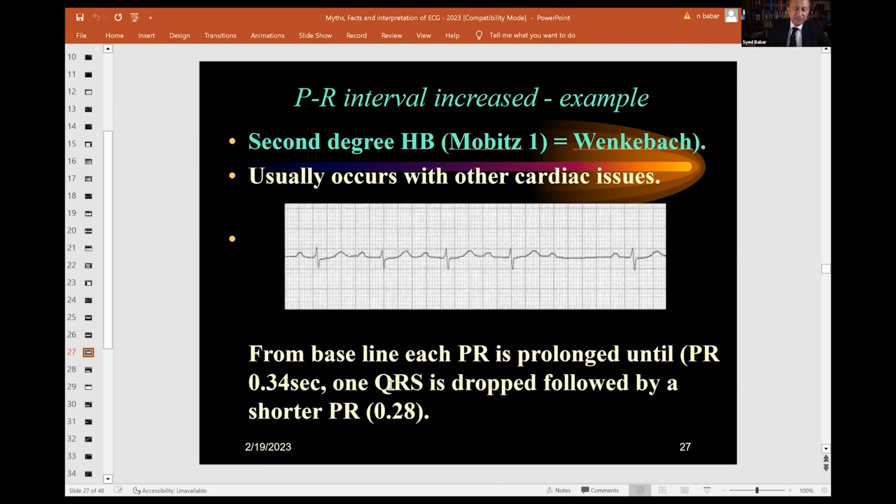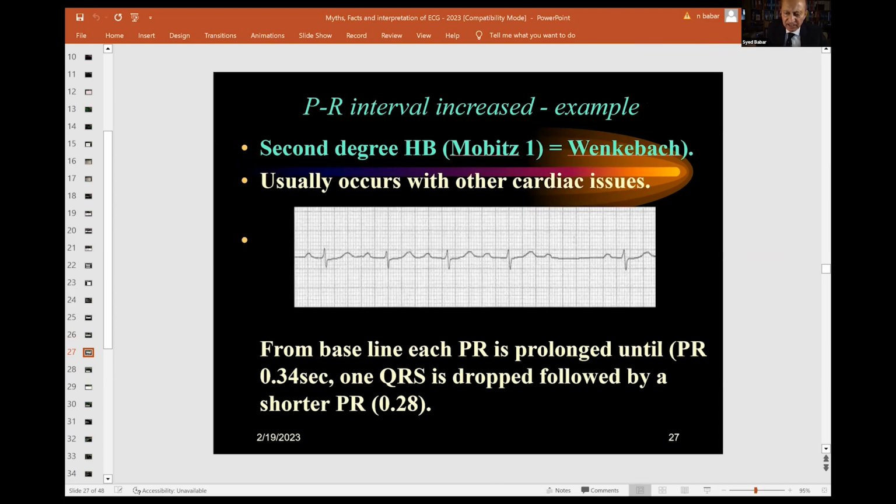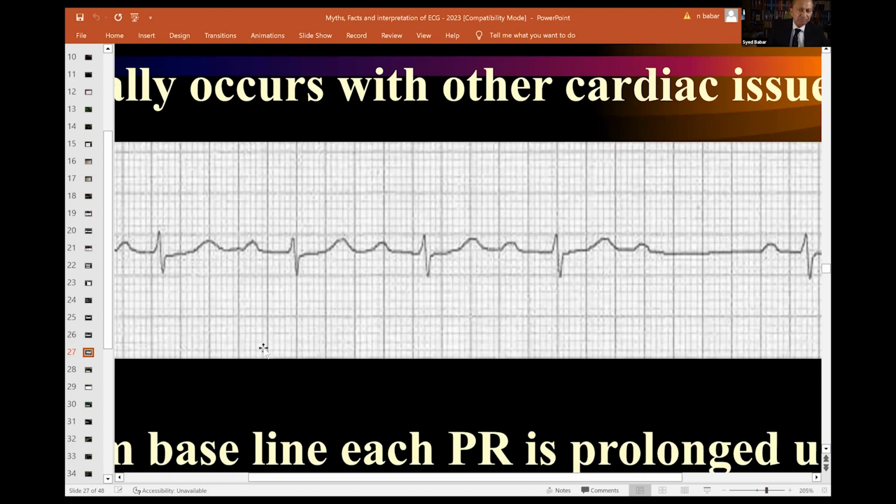Then if you notice a different version of the heart block, where this is the QRS narrow complex, T wave, and then this is the P wave, and the P wave is followed by a QRS complex, but there is a delay. And that delay is likely to be 0.30.